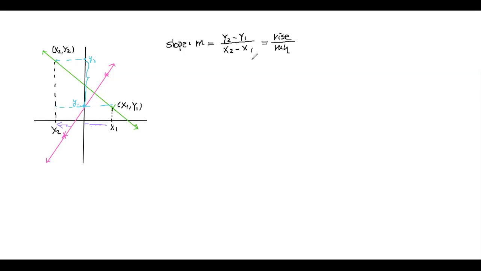So it's x2 minus x1. When you run from x1 to x2 here, how much does the y rise? Or you can run from x2 to x1, and ask how much the y rises. This is what we call rise over run. So basically, this is the rate of change.